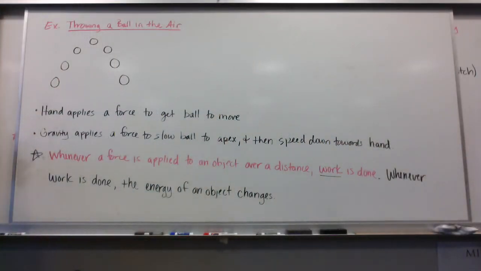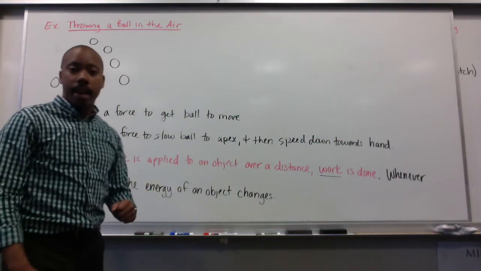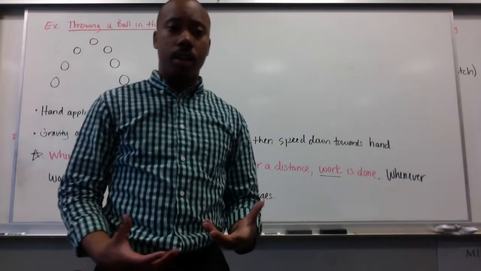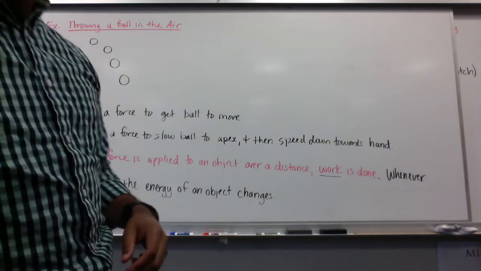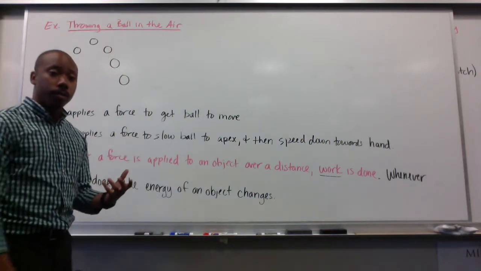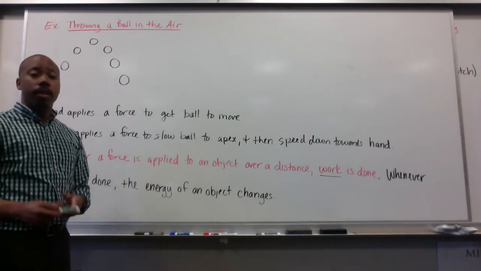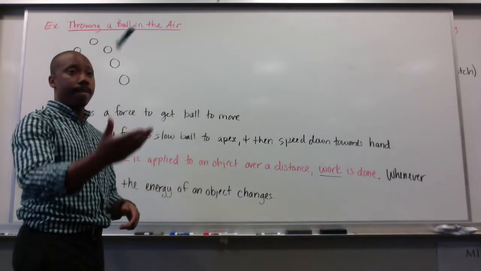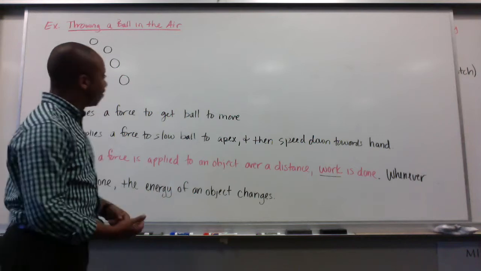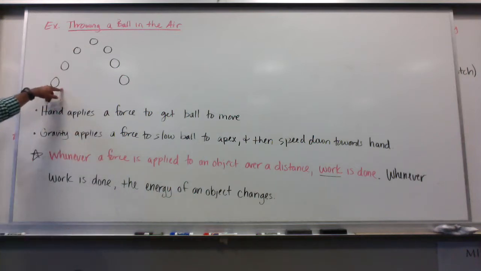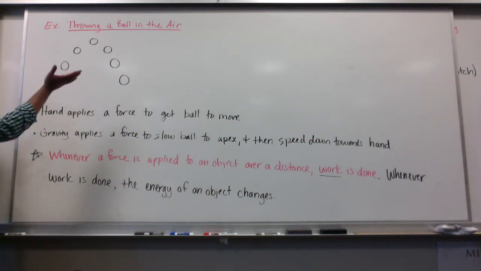Now, an example of this would be throwing a ball in the air, or throwing any object in the air. We just finished our chapter on motion, projectile motion, or free fall. When an object is in the air, it has motion. We know that. Now, my hand on this ball would thrust it up.